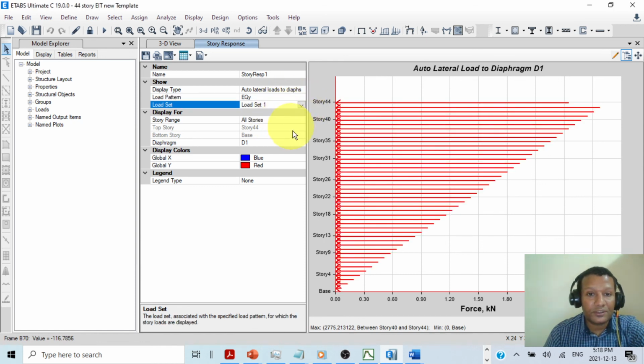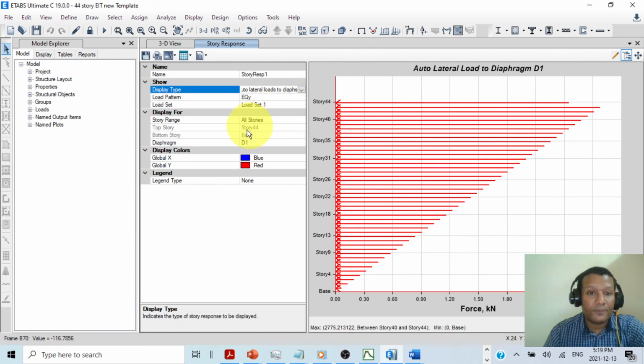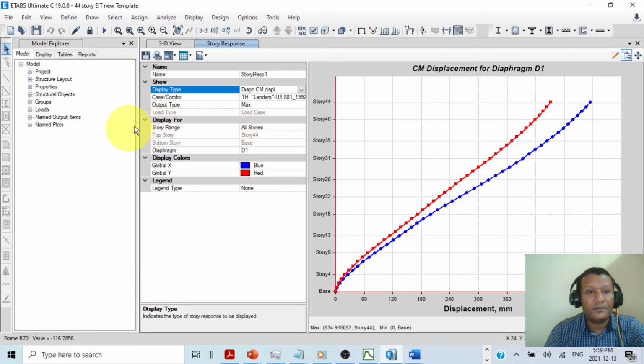In load sets you can put the story range, diaphragms, all are here, and you can save the plots, or again the summary report, detail report. You can directly take it from here. This is what I wanted to show you.